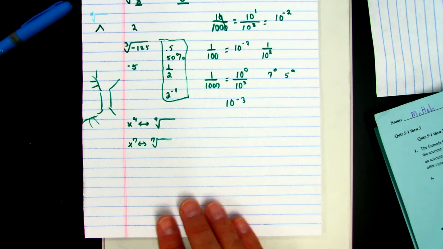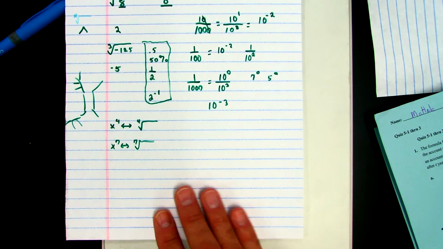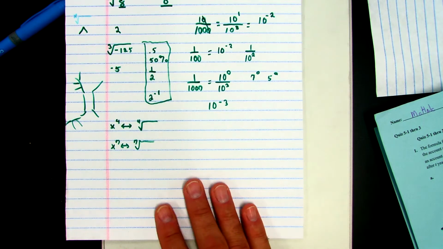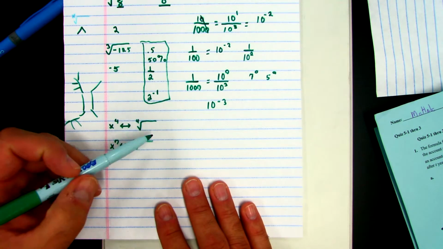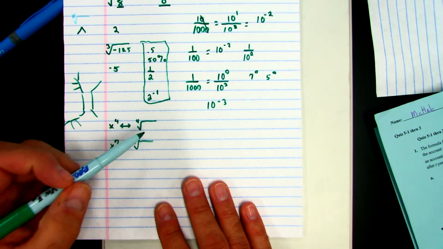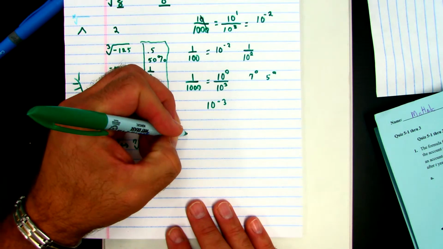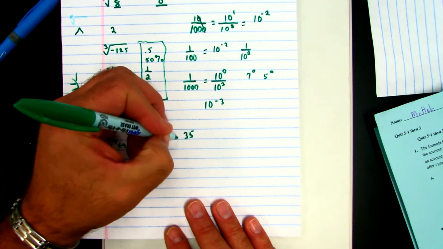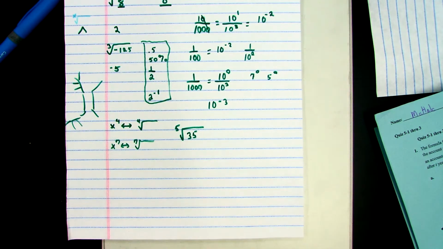It is important. Now, here is something else. When we're writing an exponent form, we now can take a radical from radical form and write it in exponent form. So for example, if I wanted to do the 5th root of 35, if I would like to write that in exponent form, I obviously have to have an exponent.